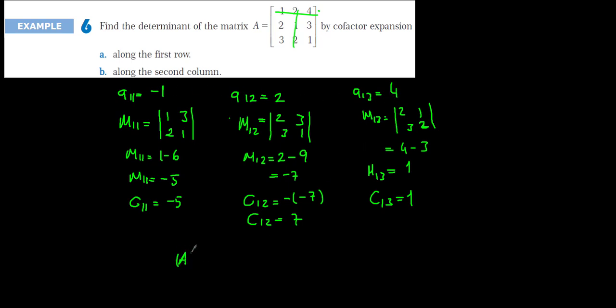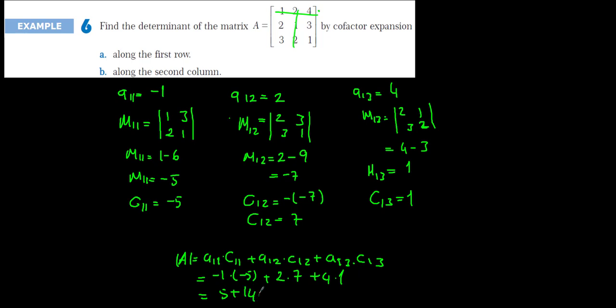So the determinant of A is equal to A11 times C11 plus A12 times C12 plus A13 times C13, which is minus 1 times minus 5, plus 2 times 7, plus 4 times 1, which is 5 plus 14 plus 4, equal to 23.